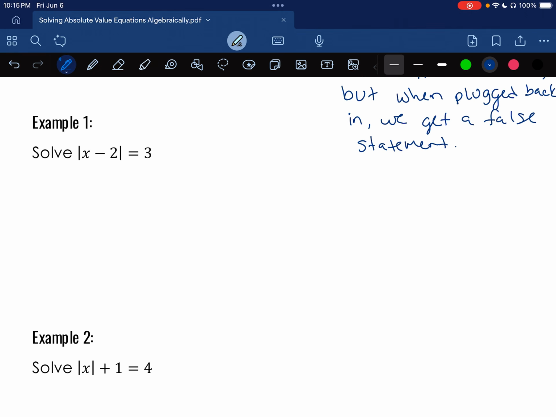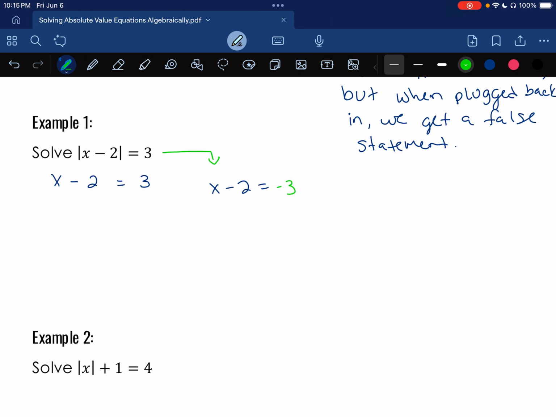So the first one is just going to be x minus 2 equals 3. Just exactly like what we have before, except we don't want to have the absolute value bars.